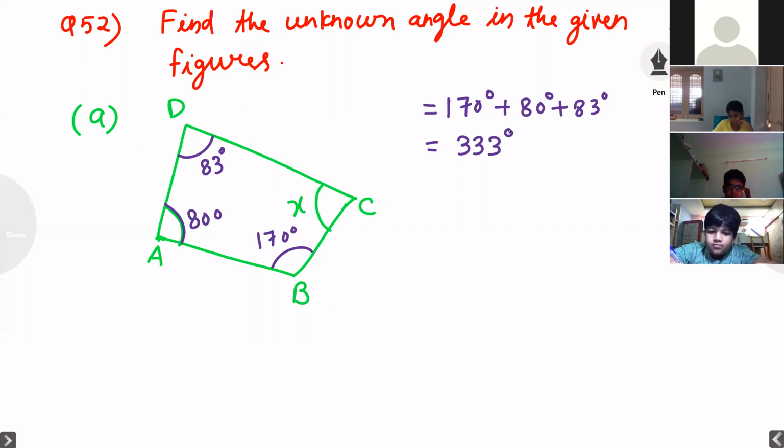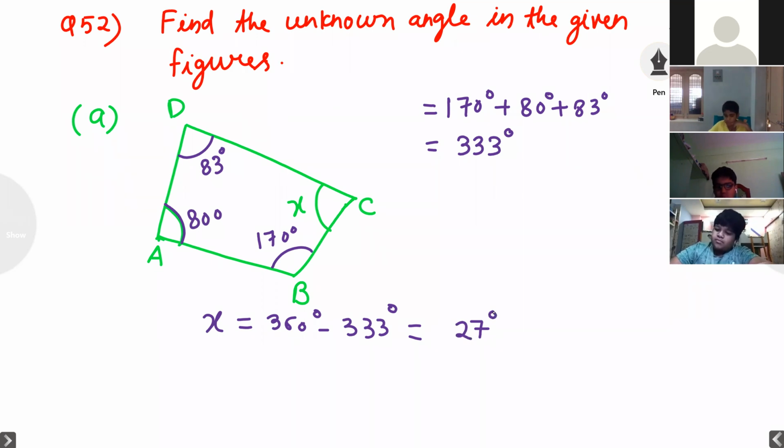And we know the angle sum property of a quadrilateral: the sum of all the four angles is equal to 360 degree. Now I want to find out x. x is equal to 360 degree minus 333 degree. What is the answer? 10 minus 8, 3, 7. 5 minus 3, 2. 27 degree.